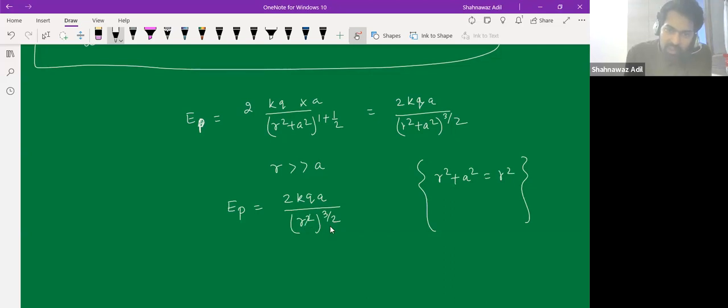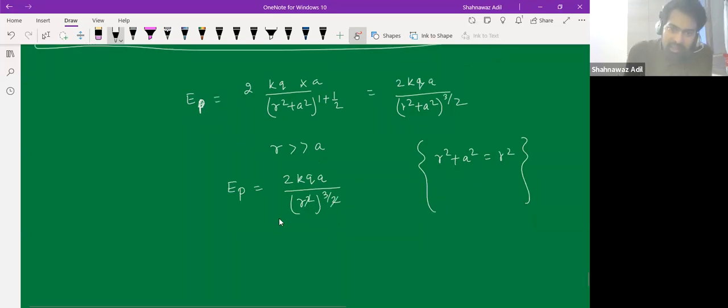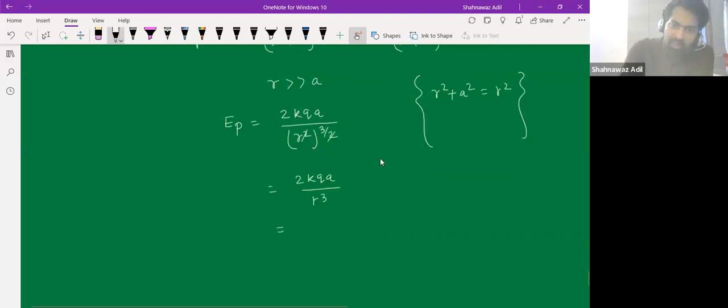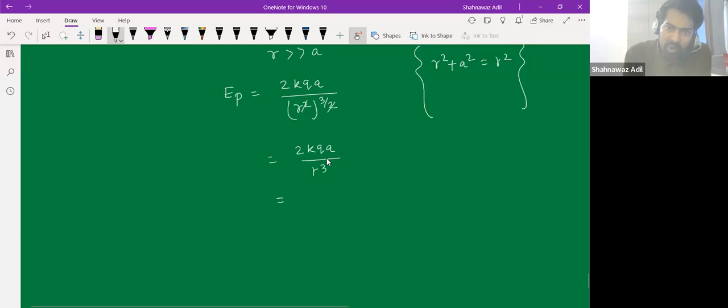So this 2 will cancel, and you will get 2KQA divided by R cube. If we write it properly, this would be K and 2AQ by R cube.